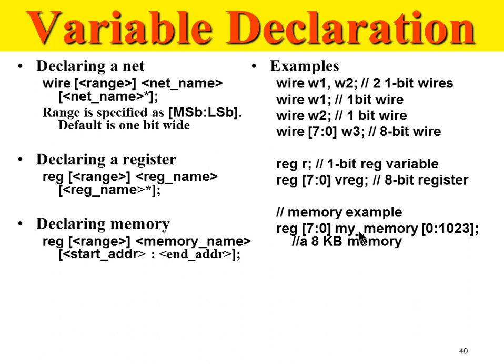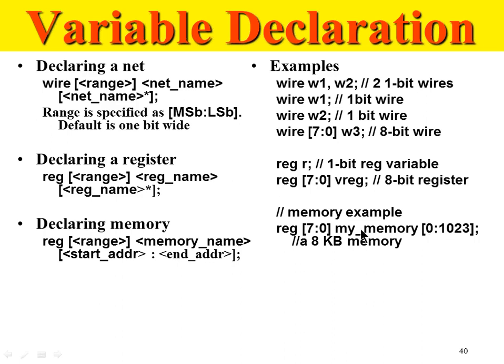So keeping the calculation aside, each memory will have a width and a depth that you have to work with. In this case, the first part is the width, 7 down to 0. The last part is the depth, 0 to 1023, which means this memory has 1024 locations. And each of the 1024 locations is 8 bits wide.